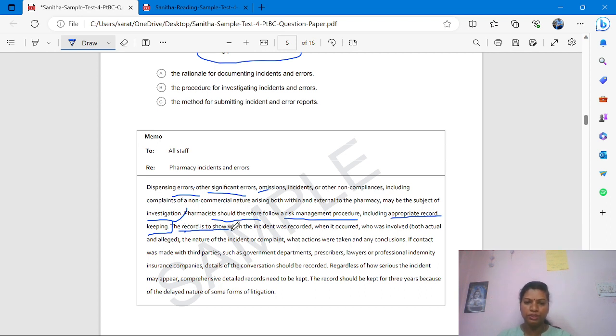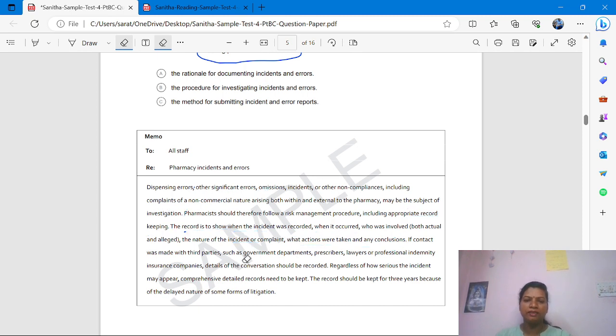The record is to show when the incident was recorded, when it occurred, who was involved, and the nature of the incident or complaint, what actions were taken, and any conclusion. This has to be done if any occurs. Okay, one minute.